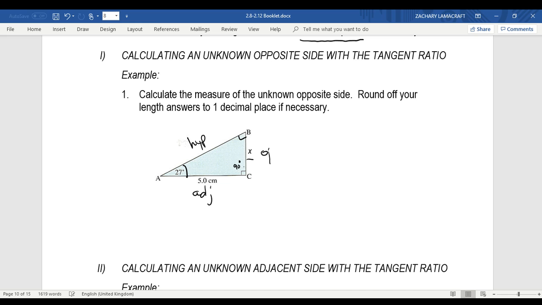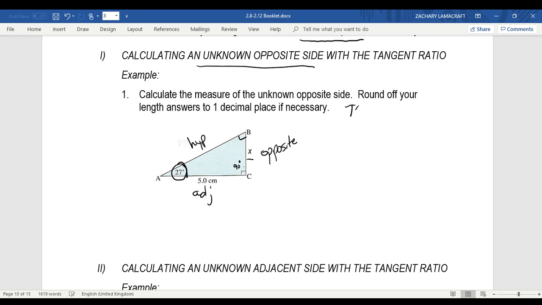The opposite side, exactly. So we've been given an angle in question, and sometimes they're going to give us exactly what we need to find. In this case, they've told us we're going to find the opposite side with the tangent ratio. So we know that our unknown is the opposite, okay?